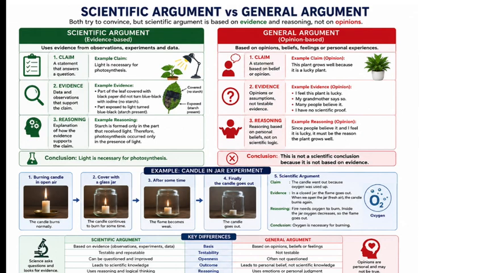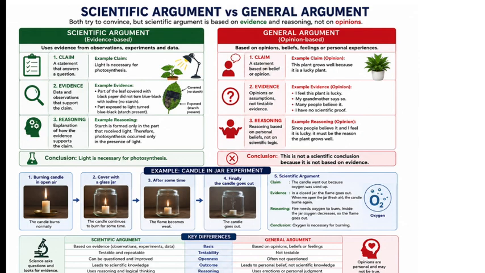Suppose we would like to convince other people that oxygen is important for the burning of a candle. So we need to provide the evidence. Our aim is to convince other people, so it becomes a scientific argument. Our claim is that oxygen is important for burning of the candle, and now we have to provide the evidence for this.